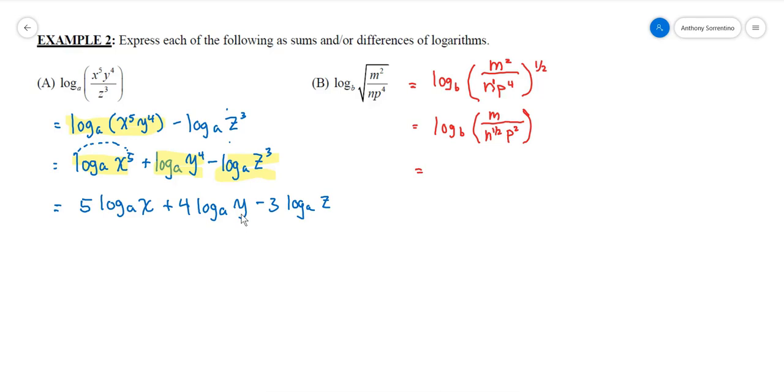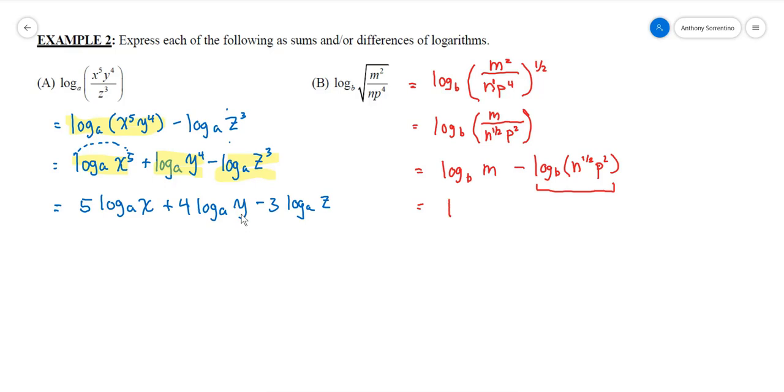Again, I have a quotient, so I can rewrite this as the log base b of m minus the log base b of n to the 1/2 times p squared. And here's why I have to be careful with this, because this logarithm is going to become a sum, but this sum is being multiplied by -1.